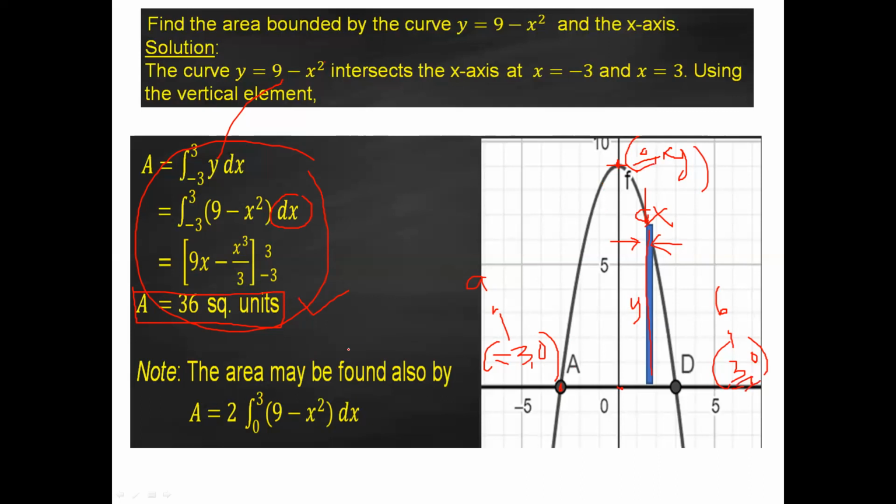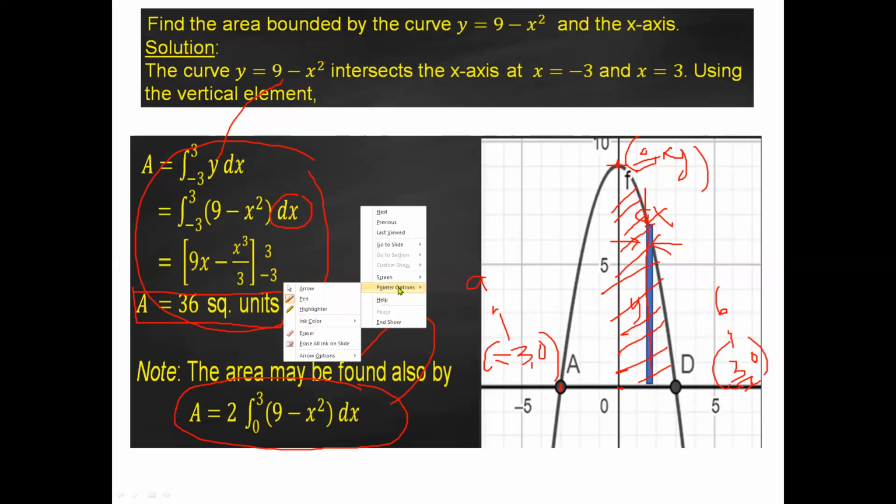Ang ginawa sa pangalawang solusyon, kalahati muna. Symmetrical yan, kaya minultiply ng 2. Kung papansinin ninyo, kapag ika-calculate mo yan, ang makukuha nating result, ito pa rin. Kamukha lang.